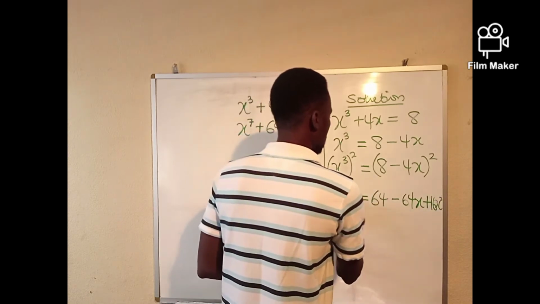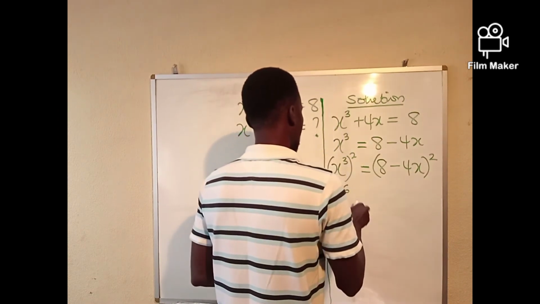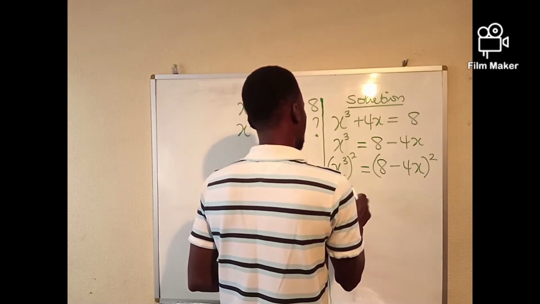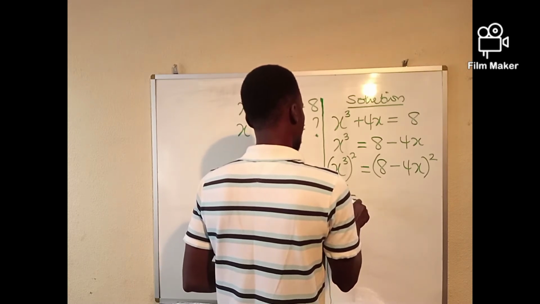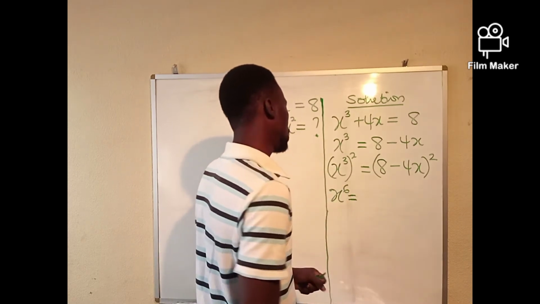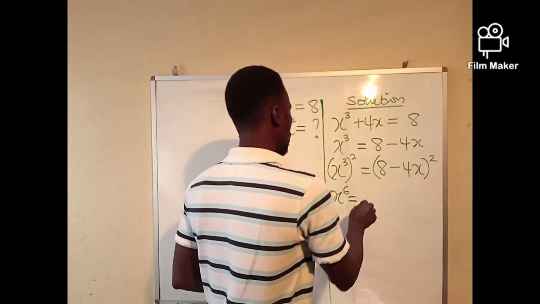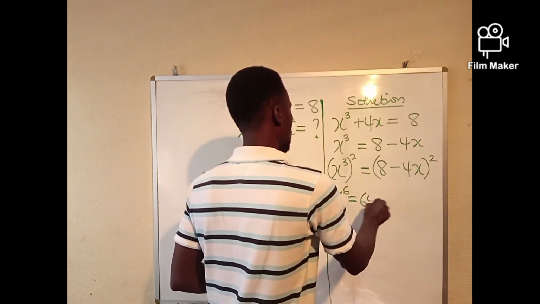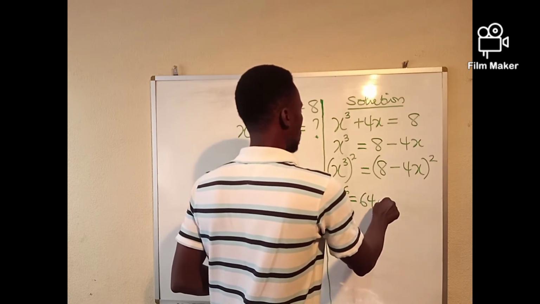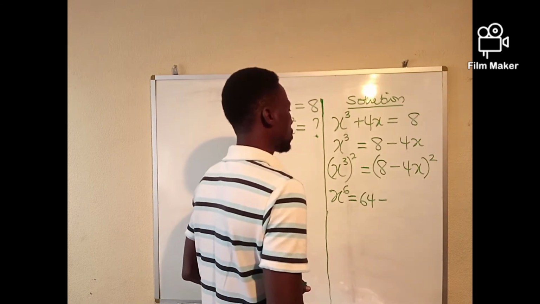So let's just write it properly so that we can have space. So x to the 6 will be equal to, if we square this binomial, 8 squared would give us 64. This will be minus twice the product of these two numbers over here.